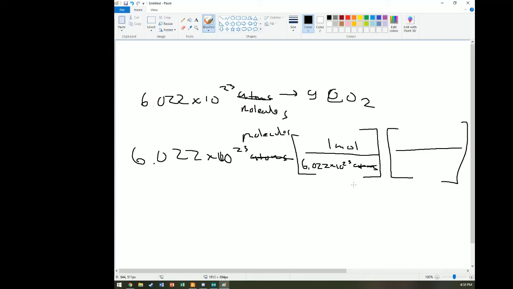I know that for every 6.022 times 10 to the 23 molecules of that, there's 1 mole of them. I'm writing them out in such a way that my units cancel out here. So we write that out, cancel that, and now we have units of moles.